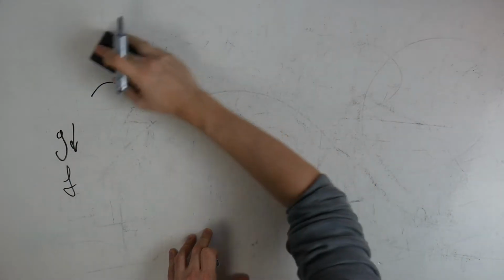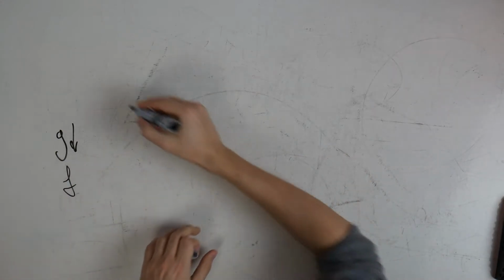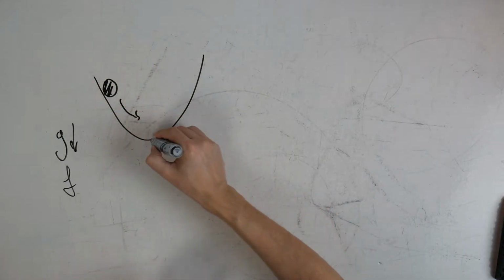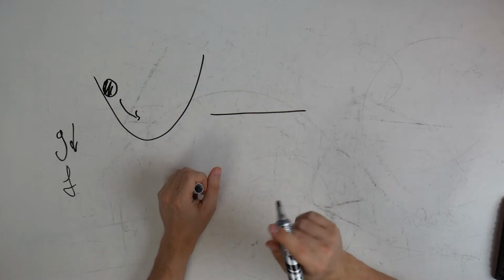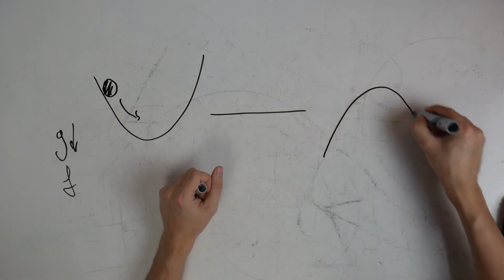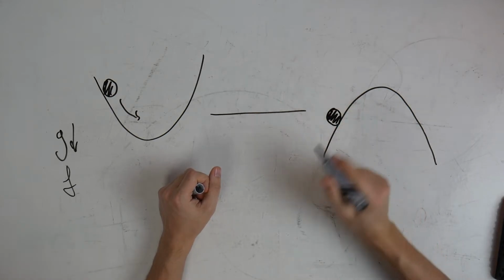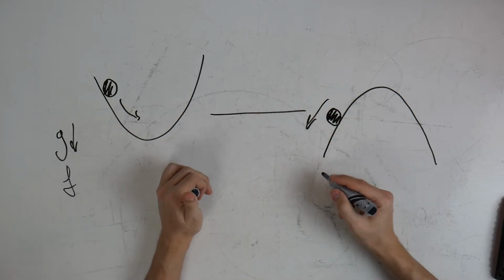Okay, so what kinds of terrain can we actually have? Of course, we can have a valley, where you start on the edge and you go down to the middle. You can have a flat one. Good. Or you can have a hill. So, if you start on the edge of the hill, you will fall down. So, it's not stable.